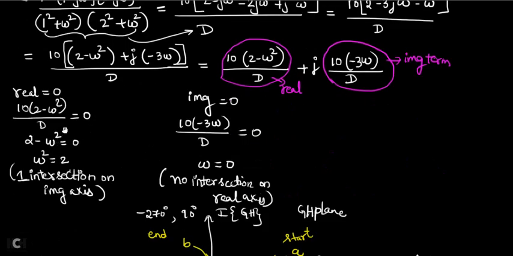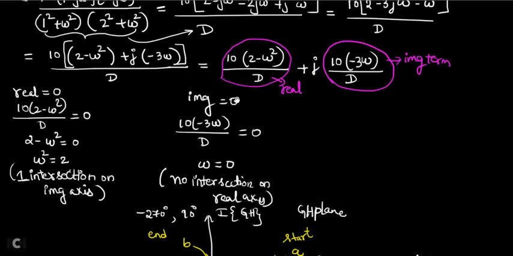Equate real to 0, and if you get omega as a single number other than 0, then you can tell there is an intersection point on the imaginary axis. If you equate imaginary to 0 and you get omega equal to 0, that means there is no intersection on the real axis.